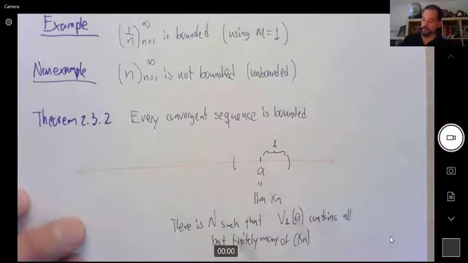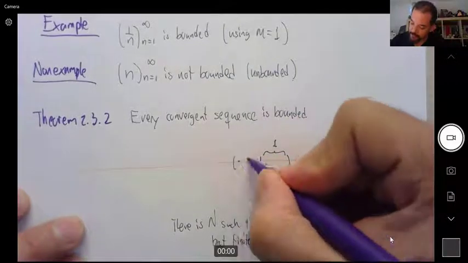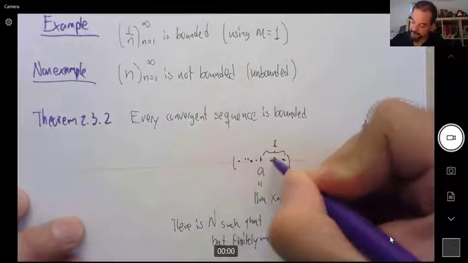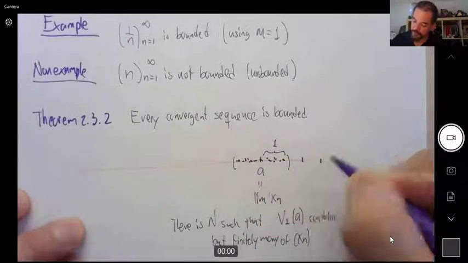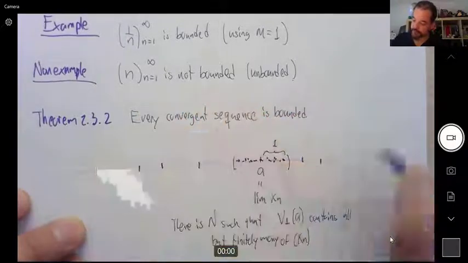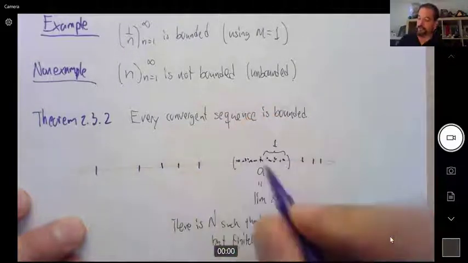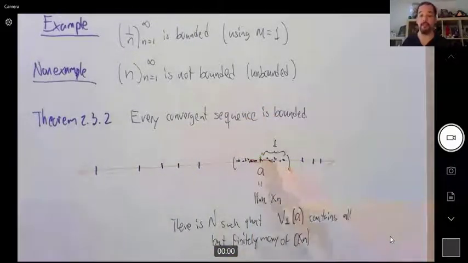So in other words, everyone is in here, almost everyone. Every element of the sequence is going to be here, except a few ones that maybe are out. But the ones that are out are finitely many. That's the important thing, right? And then because they're finitely many, I will be able to find the bound.